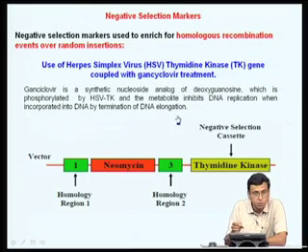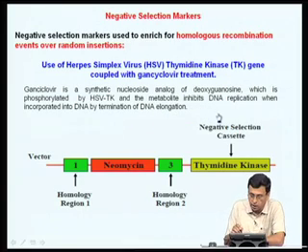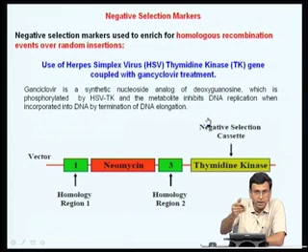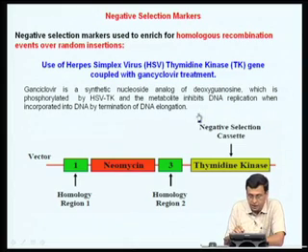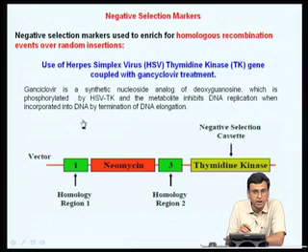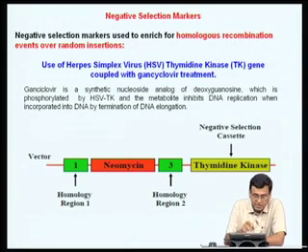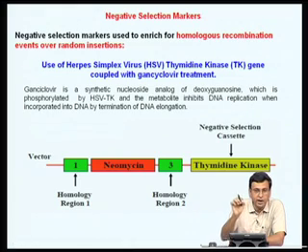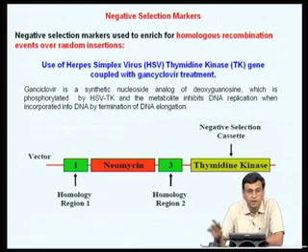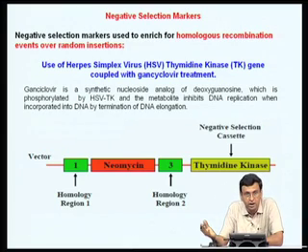Once phosphorylated, this nucleoside analog gets incorporated into the elongating DNA chain during DNA replication, and it inhibits DNA synthesis by chain termination, and therefore DNA replication stops. So, ganciclovir is a nucleotide analog which, when incorporated, means DNA synthesis cannot proceed further, and therefore the cells die, cells cannot divide anymore.